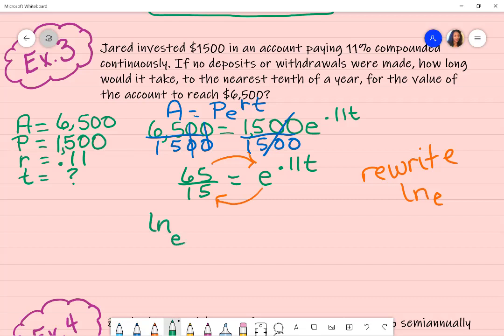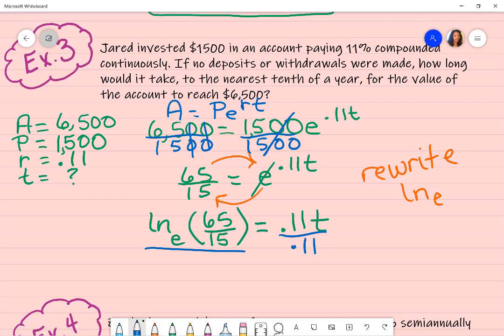I just like to keep up with it when it's given. Follow my arrows, 65 over 15, or if you chose to use 13 over 3, that's fine as well. And now what's left over, since you rewrote that, is 0.11 t, but t is still not by itself. So to get it by itself, you have to divide both sides by 0.11.